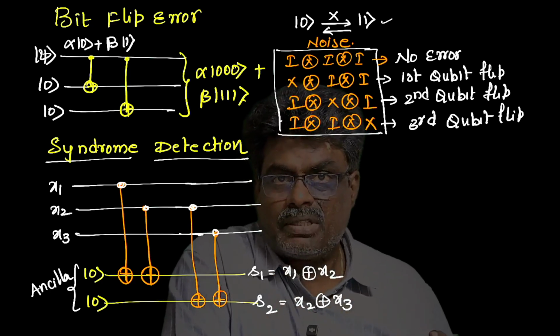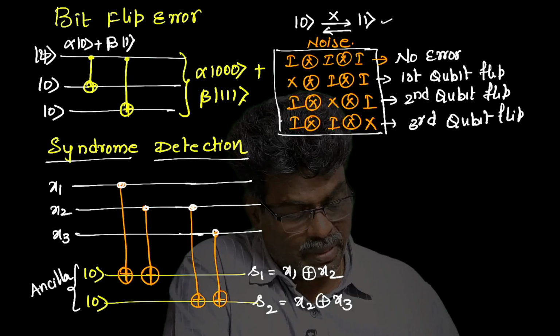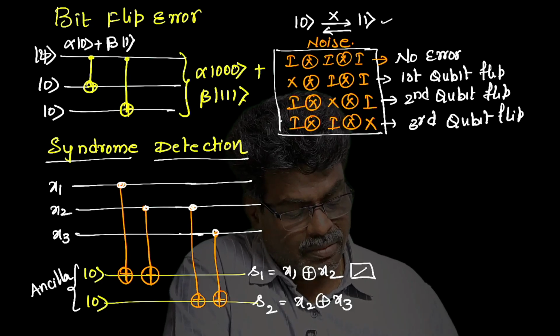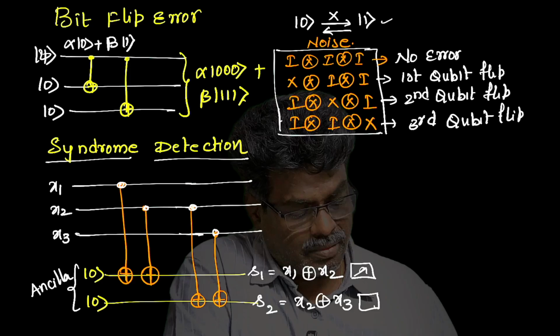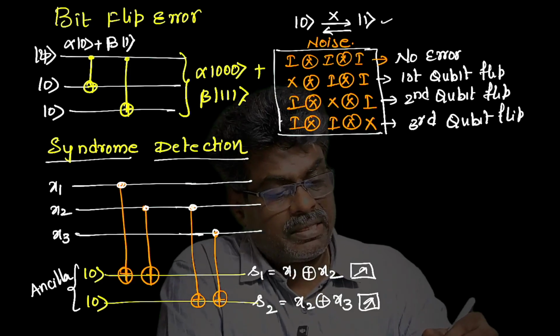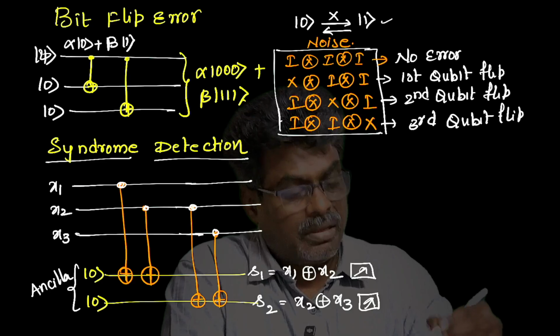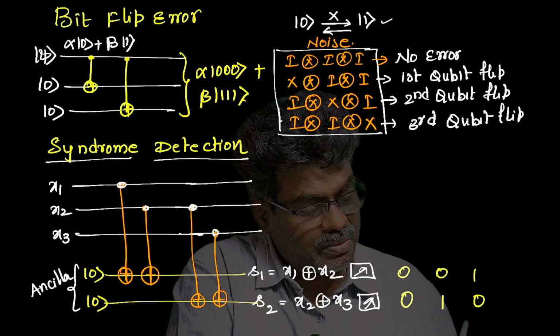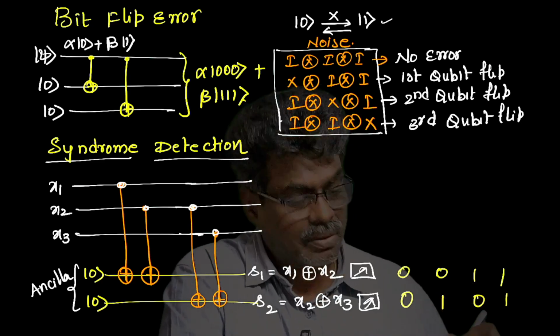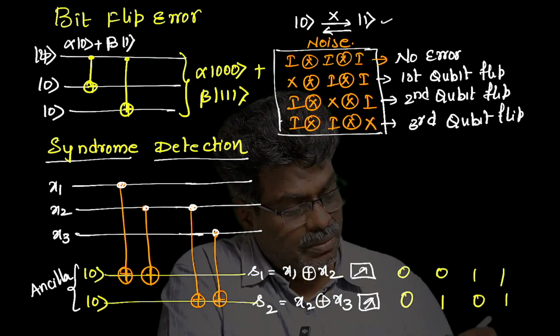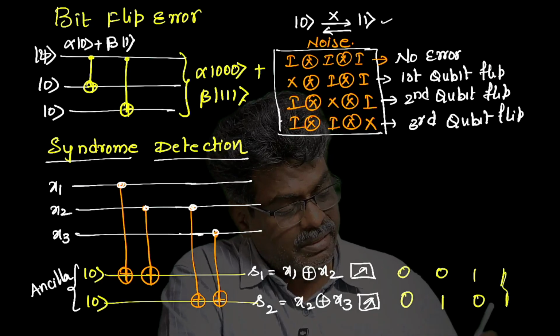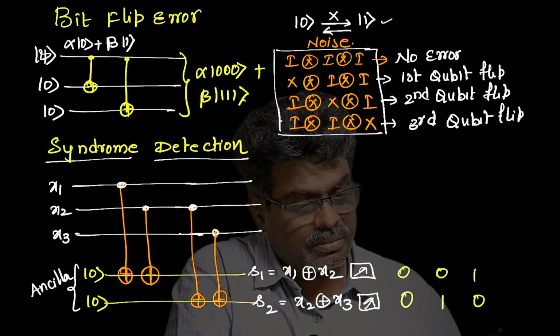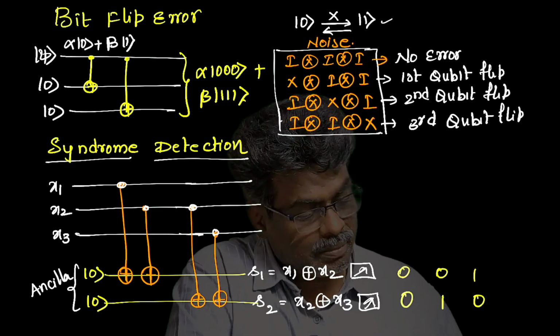Once you make the measurement, you may get these values, either 00, 01, 10 or 11. Now let us see how we will get these S1 S2 values.